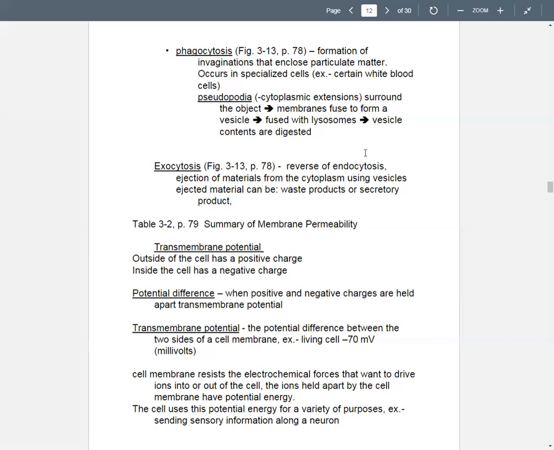Okay, talk with your partner. What's the difference between endocytosis and exocytosis? Go. So Alicia, you can tell me. What's the difference?